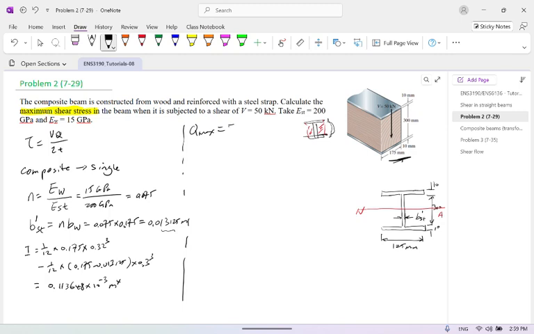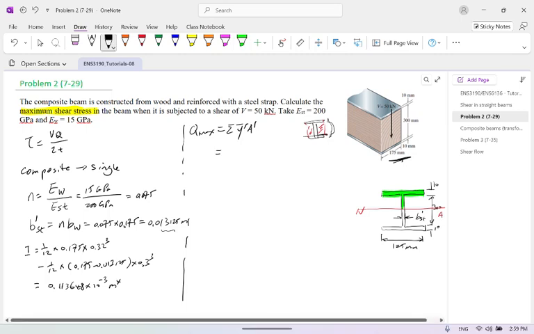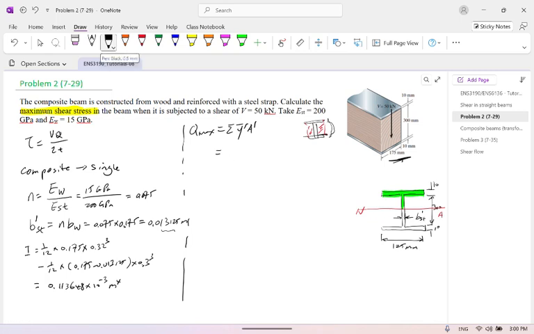Q max is equal to the summation of y bar times A prime, based on this one. With the neutral axis shown in color this way, that's the part from the center to the outermost. This is 300, so it's half of this structure.